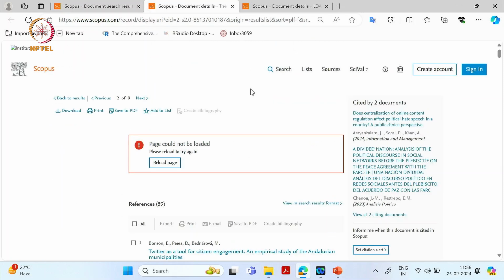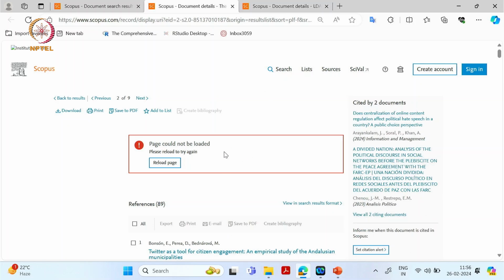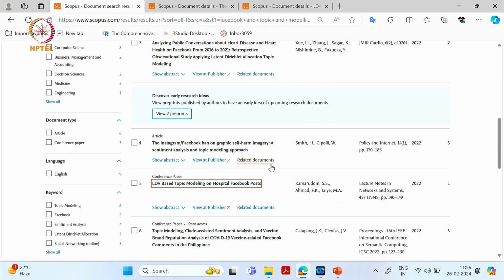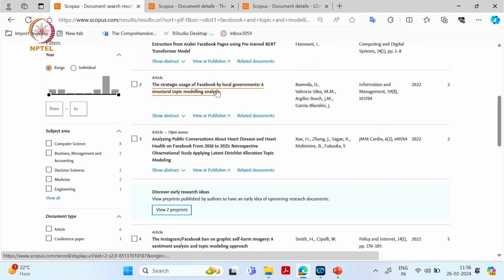If we see this document, somehow it is not loaded, but for bibliographic coupling we don't need the other details here, we need the references only. So we are looking at these 2 documents: the first is LDA based topic modeling on hospital Facebook post, and the second document is the strategic usage of Facebook by local governments, a structural topic modeling analysis.